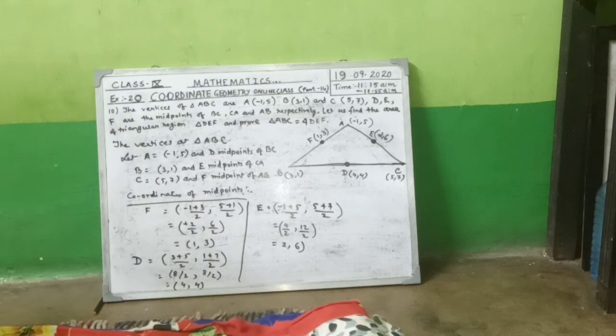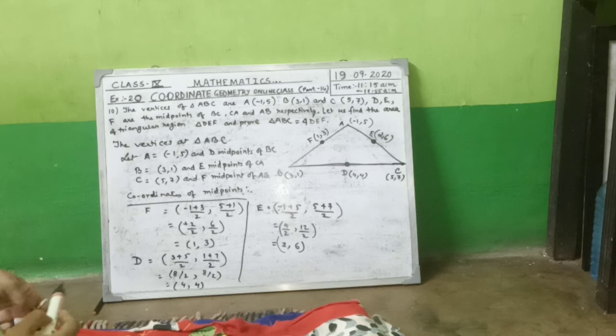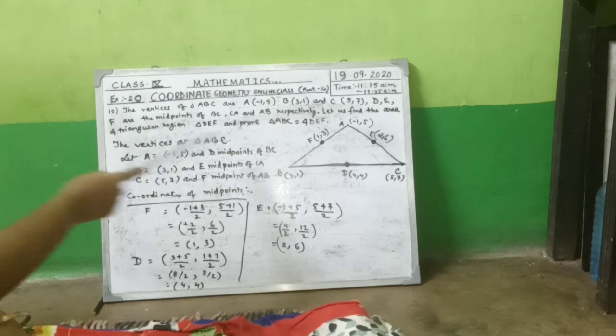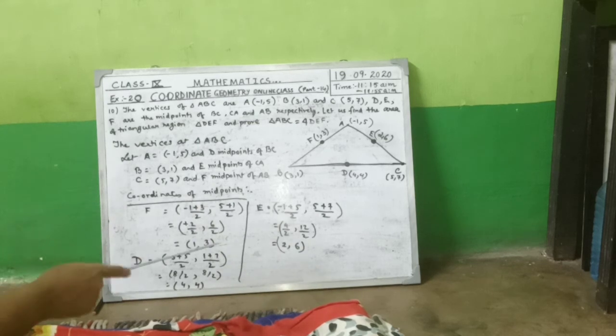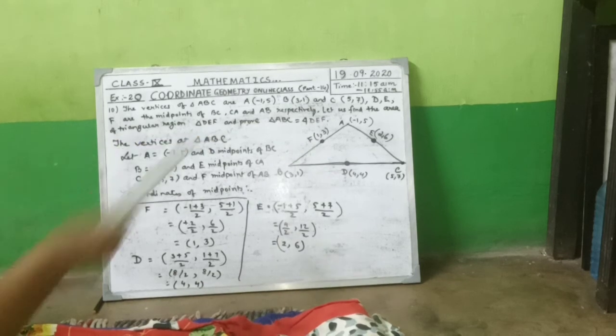So we have calculated the first step of the sum, that is, finding out the midpoints. Now we will come to the second part. For that I have to rub the board because my board is small. I will be rubbing the board to prove the second and third part of the sum.